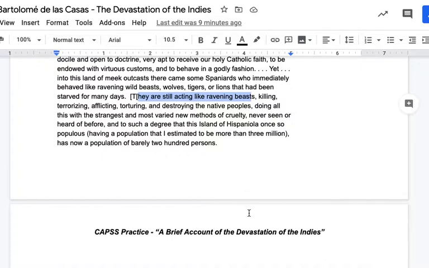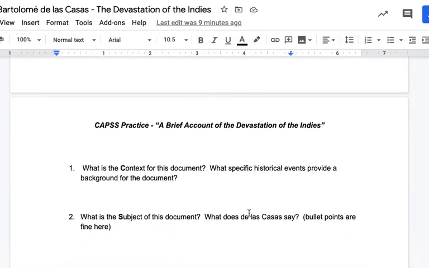But think back to it. De las Casas is not a native. He is not an Indian. He's a Spaniard. And so there's got to be a reason that he's portraying things this way. So if we go down, what is the context for this document?